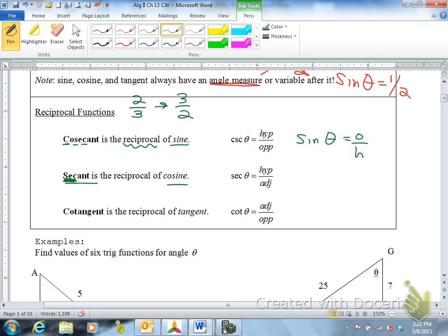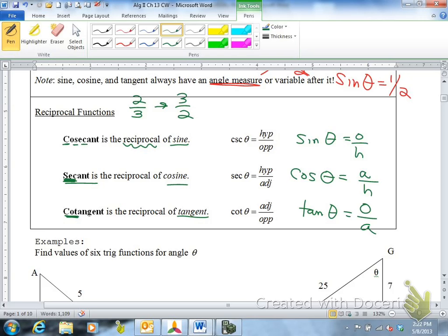Secant theta equals hypotenuse over adjacent because cosine theta is adjacent over hypotenuse, and the reciprocal of that is secant. Cotangent is pretty easy to figure out. It's the reciprocal of tangent. COT is the abbreviation. That's because tangent theta is O over A, and the reciprocal is adjacent over opposite.